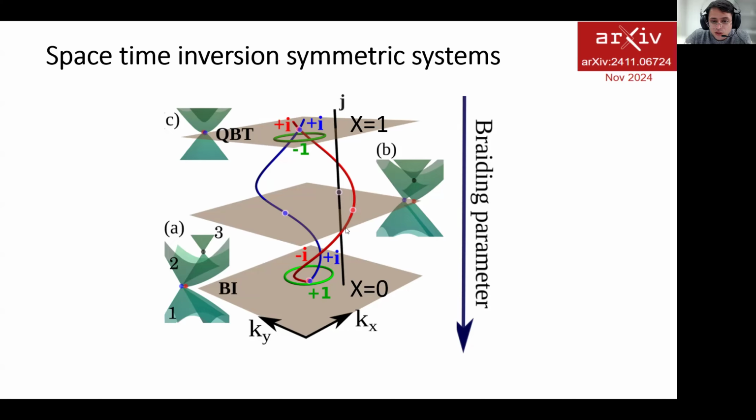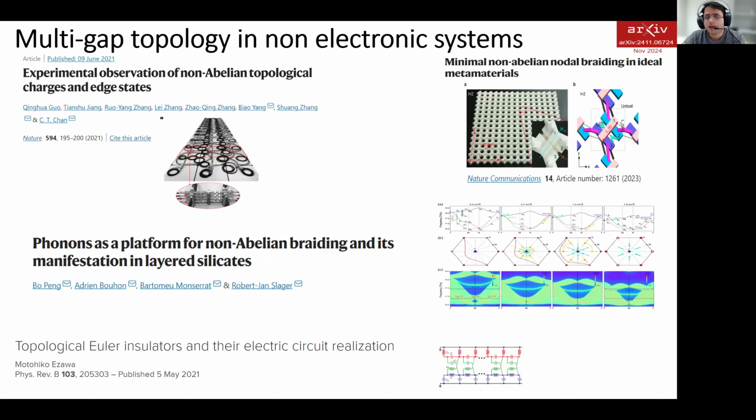When one of these Dirac nodes rotates along the other adjacent band's Dirac nodes, the charge flips, and when they meet each other in this plane, they cannot annihilate each other, and they go to a quadratic band touching. If you calculate the frame charge, it is -1, and its Euler charge becomes +1. So the story is somehow that.